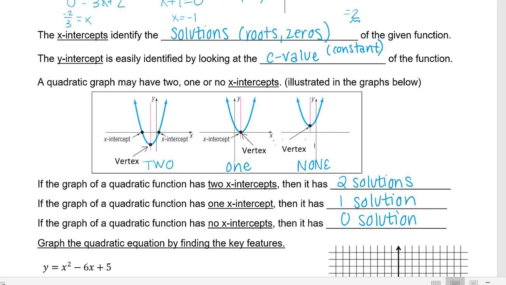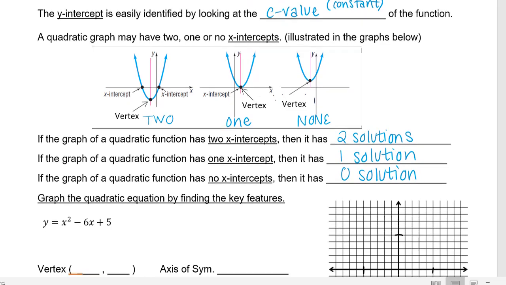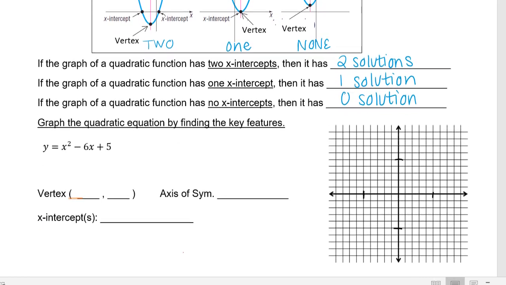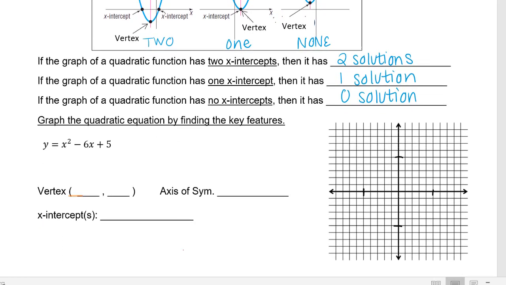Okay, so now that we know some background about our x-intercepts, let's take a look at our quadratic function now. And again, we've probably seen this function in the past, but we're going to apply our x-intercepts or those solutions to our key characteristics. So we're using our axis of symmetry, our vertex, now our x-intercepts, and our y-intercept to create a graph of this function.